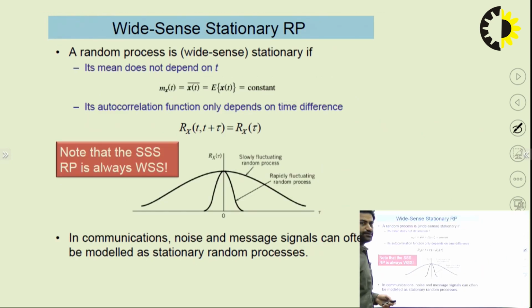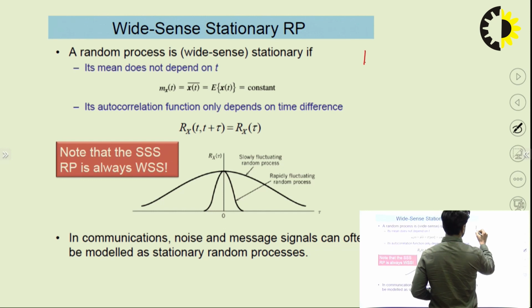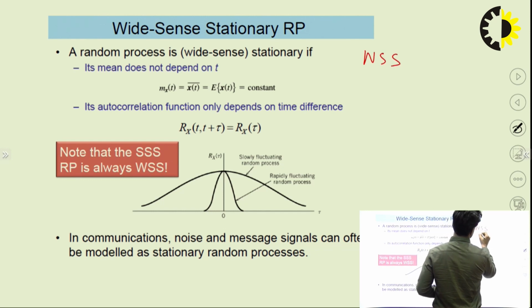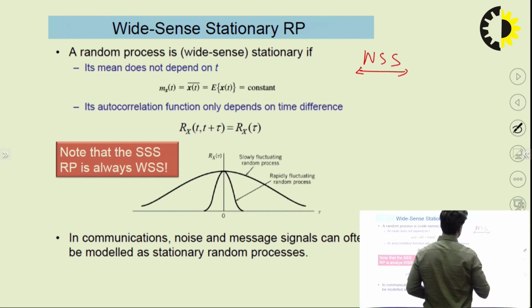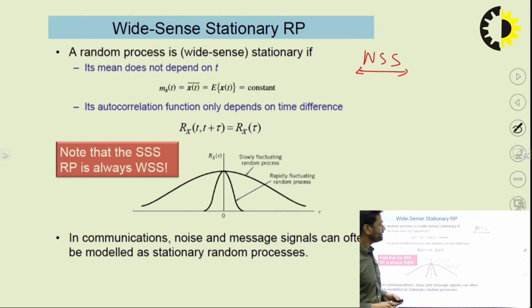Now, another category of random process is the wide sense stationary process, also known as WSS. How do we judge this? Although its properties like mean and ACF are independent of time and depend only on the time difference, it is not strictly stationary, it is a WSS process.